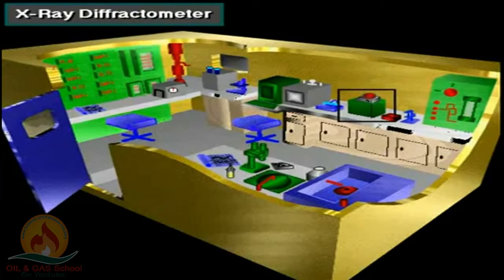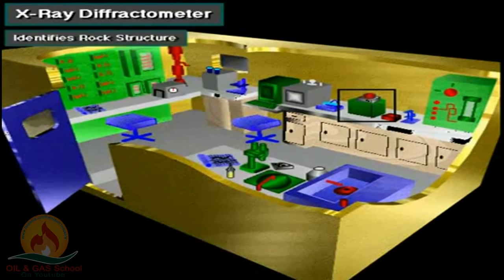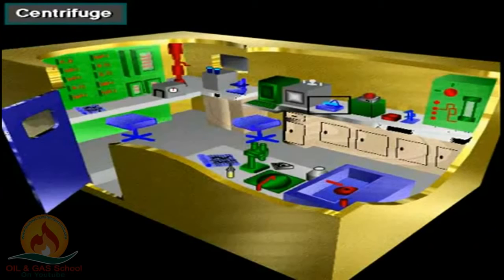An X-ray diffractometer penetrates a rock sample with X-rays. Different types of rock react differently to the X-rays, which allows well loggers to identify a rock structure. The centrifuge spins formation fluid samples at a high rate of speed.